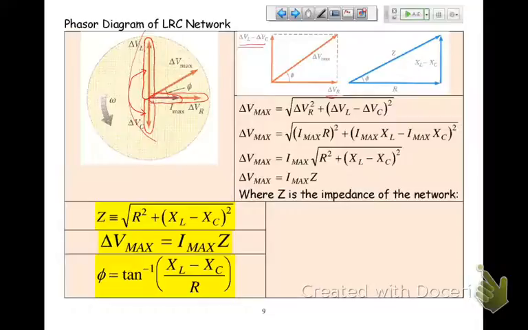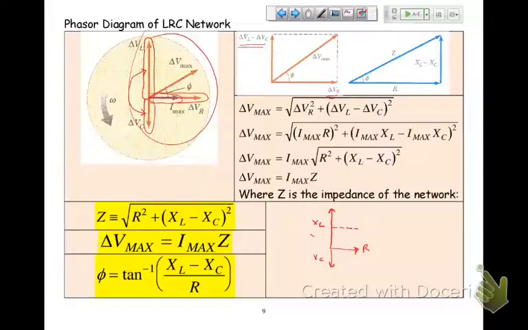Looking at this diagram over here, if I imagine my resistor horizontally, and if I imagine my XL is always in front and my XC is always behind, then I can add these vectorially. Well, this is downwards and this is upwards, so that gives me my answer of that.